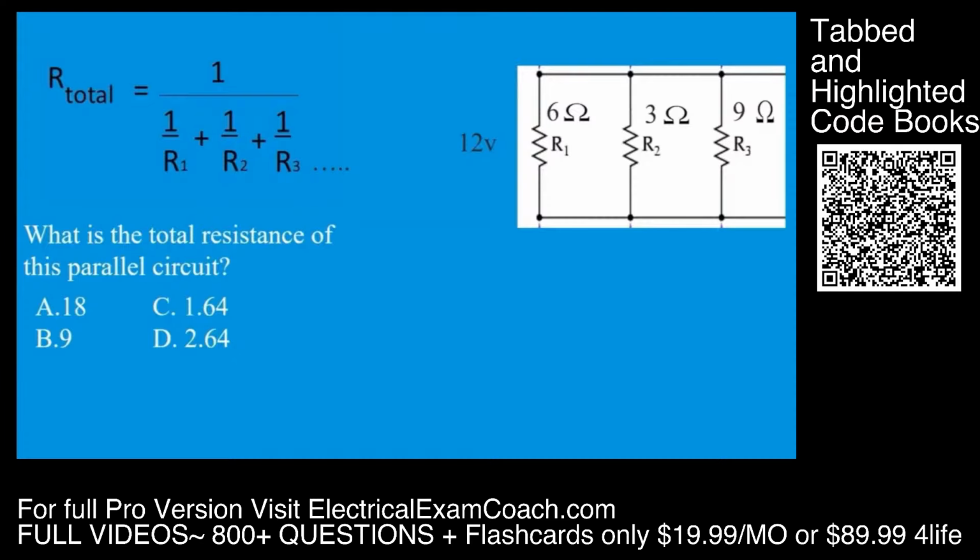The answer is always going to be smaller than the smallest resistor in the circuit. So if you're in your testing center and you get a question like this, we can tell right away that A and B are not going to be correct because the total resistance of a parallel circuit is going to end up being smaller than the smallest resistor. That's an easy way to figure that out.